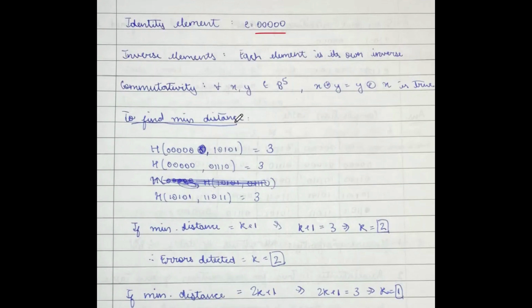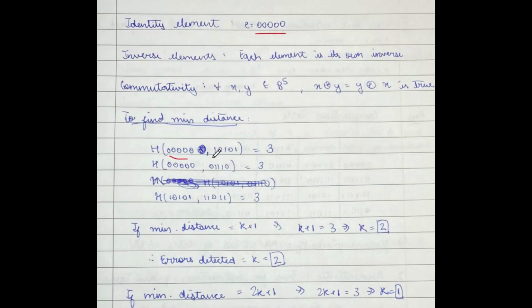Now, Hamming distance is very important because it helps us to find out how many errors we can detect and how many errors we can correct. Now, Hamming distance is found by the binary addition of two numbers. So, as we can see, the binary addition of this plus this gives us 1 0 1 0 1.